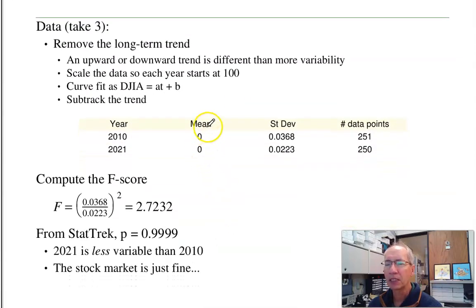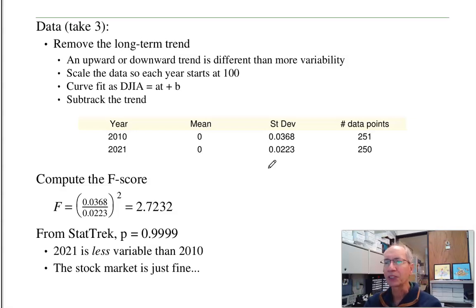The mean from your straight line approximation is 0, kind of by definition. The standard deviation goes from 0.03 to 0.02. The F-score is 2.7. But in this case, the larger one is 2010 versus 2021. The variation went down, which tells me the stock market is just fine.